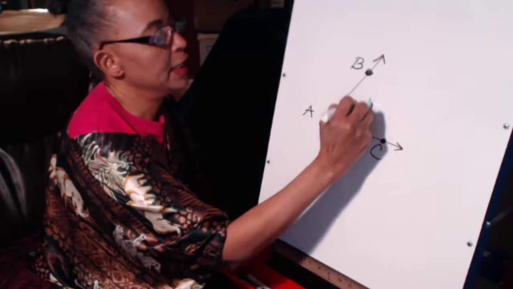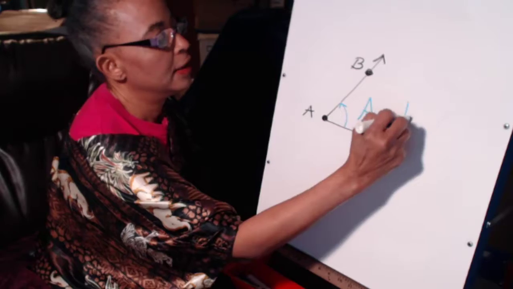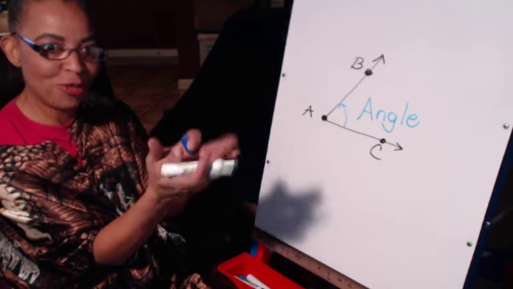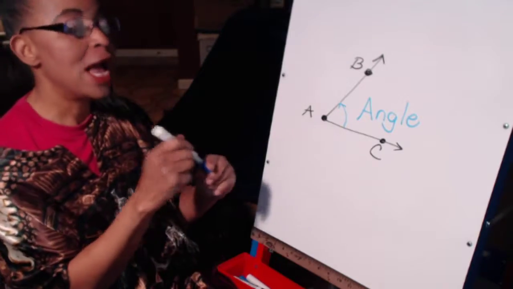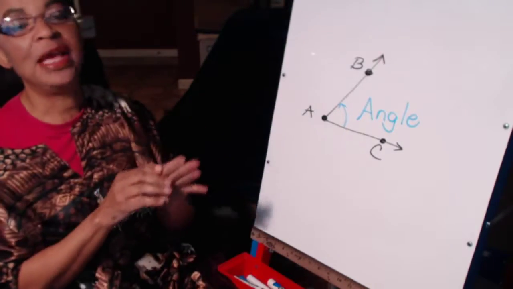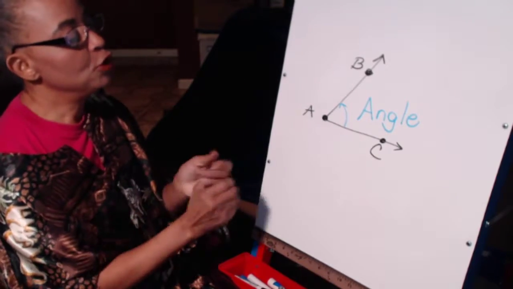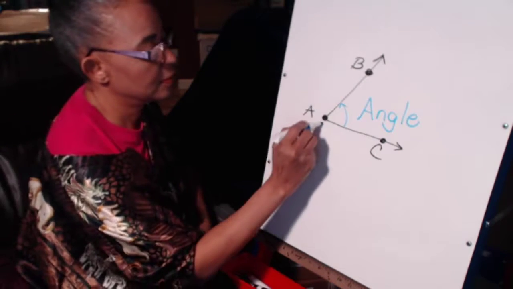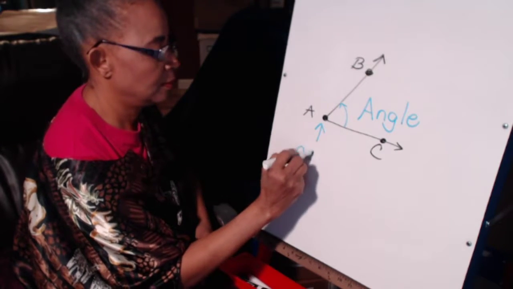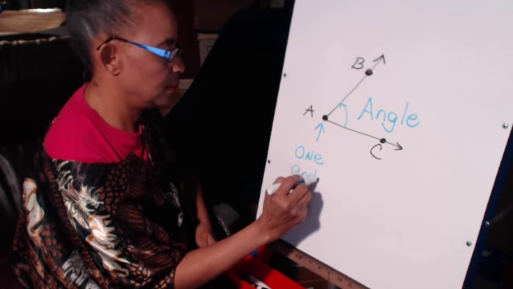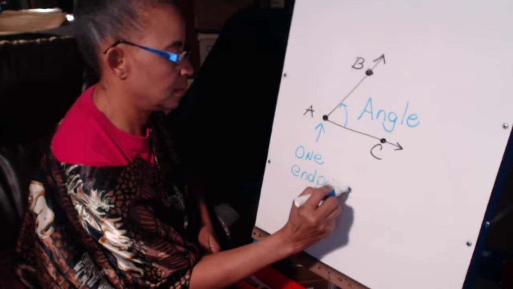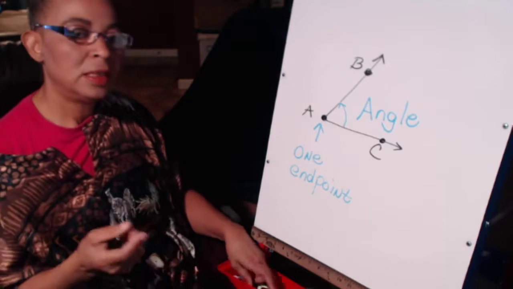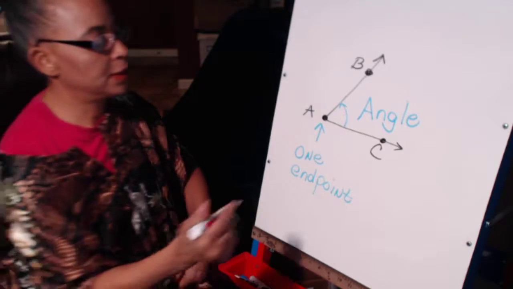We have created an angle. If you put 2 rays together at one endpoint, we create an angle.